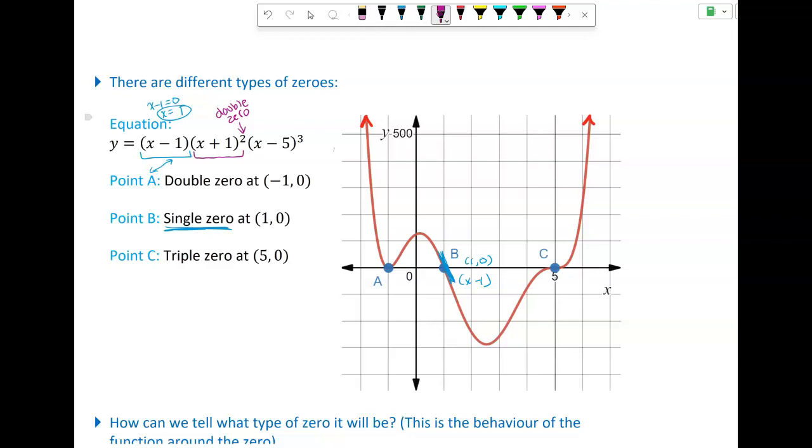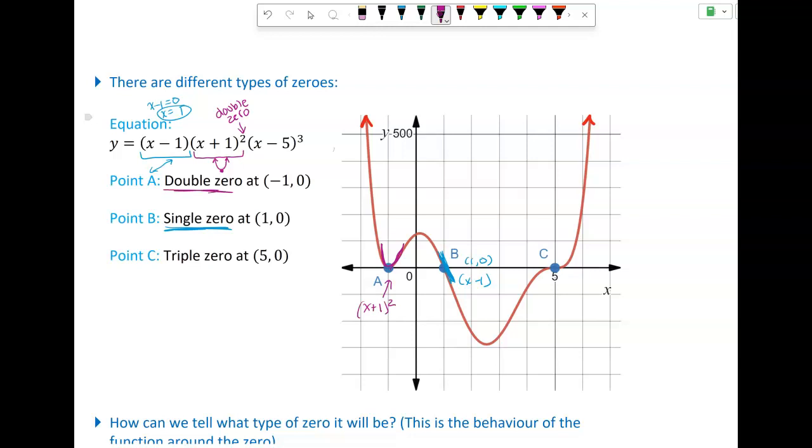This looks like a quadratic, hence the exponent of 2. If we recall how it hits the x-axis in the parent function, it comes down, hits it once, and then bounces right back out. So it looks like this, the U shape, which you see here. So this is our double zero, caused by (x plus 1) squared.